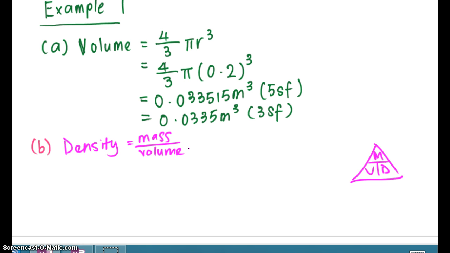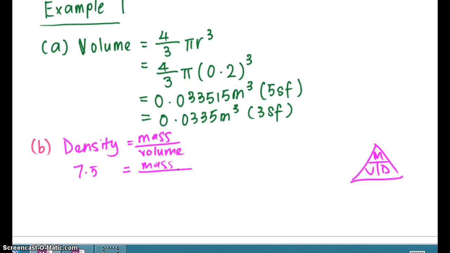Once we know this, we can now sub in the respective values. Density is given as 7.5 in the question. Mass is unknown. And volume is found in part A.